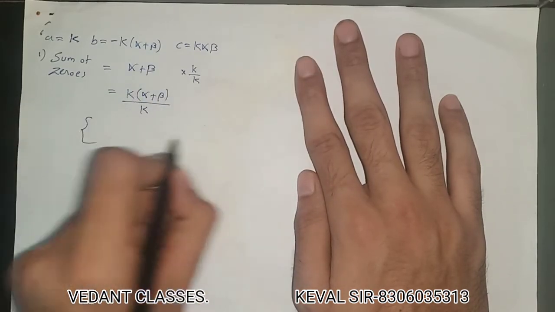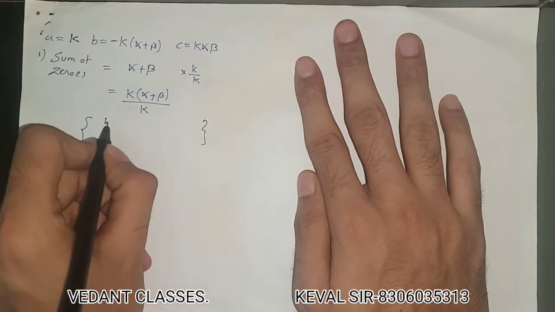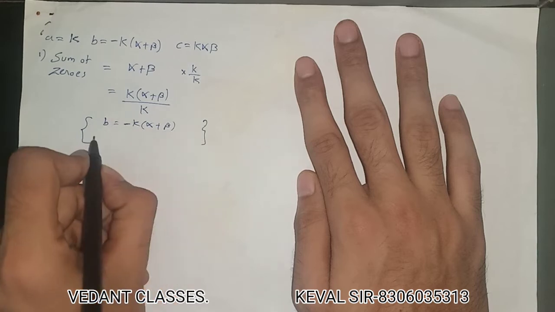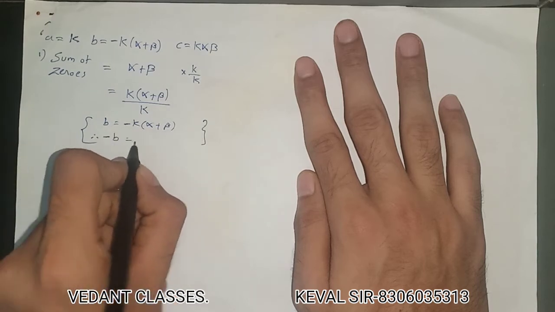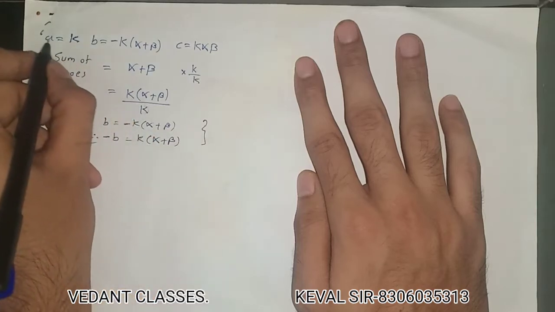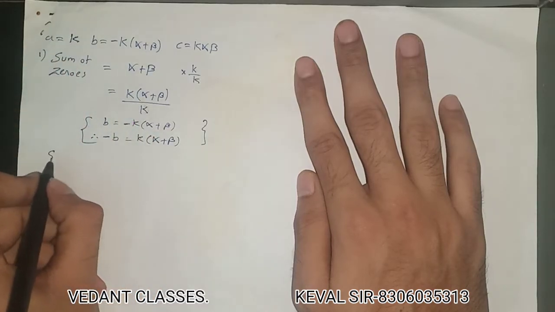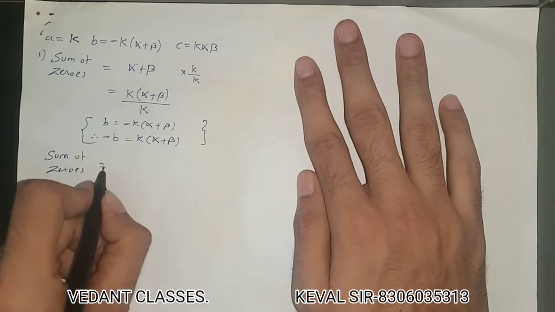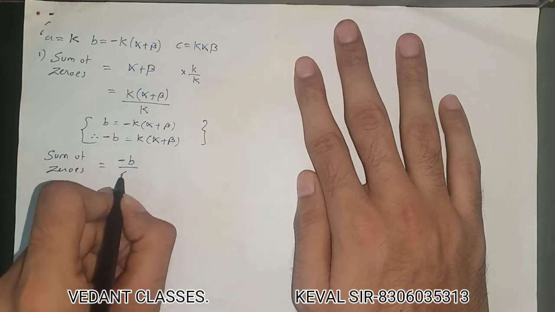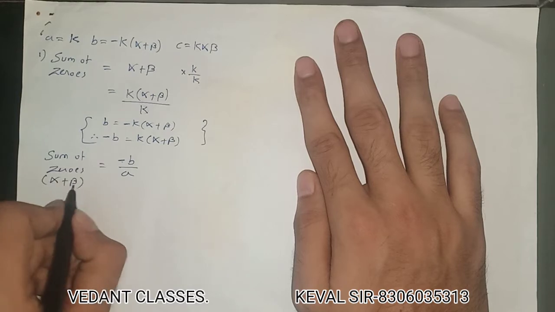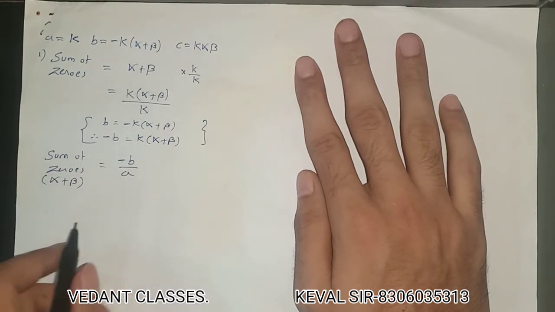Now see, you are having b is equal to minus k alpha plus beta. So therefore minus b will be equal to k alpha plus beta, right? And this k will be equal to a. So the sum of zeros, that is alpha plus beta, is equal to minus b by a.